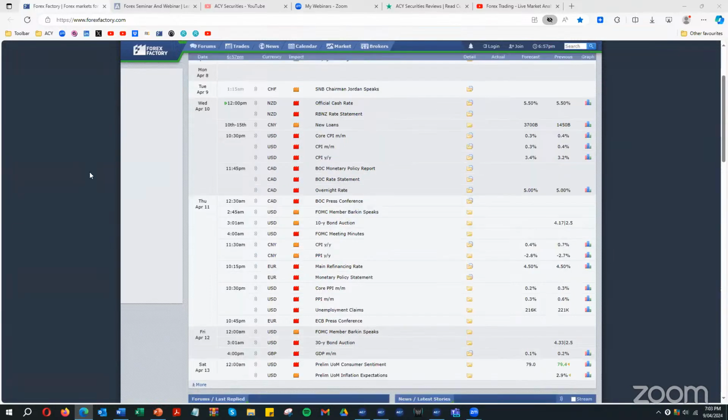Now, more importantly, the ones that are going to affect the market for the week: we've got the US CPI news coming out. It's inflation news on Wednesday, 11:45 p.m. Then we've got the Canadian interest rate decision, statements and policy report. No expected change, but we'll have to wait and see. I might just go back to the CPI and look at the figures.